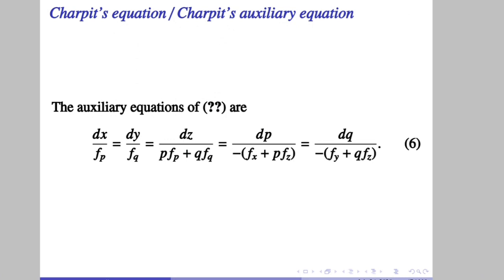So the Charpit's auxiliary equation is given by dx by fp is equal to dy by fq is equal to dz by pfp plus qfq is equal to dp by minus fx minus pfz, of this form.